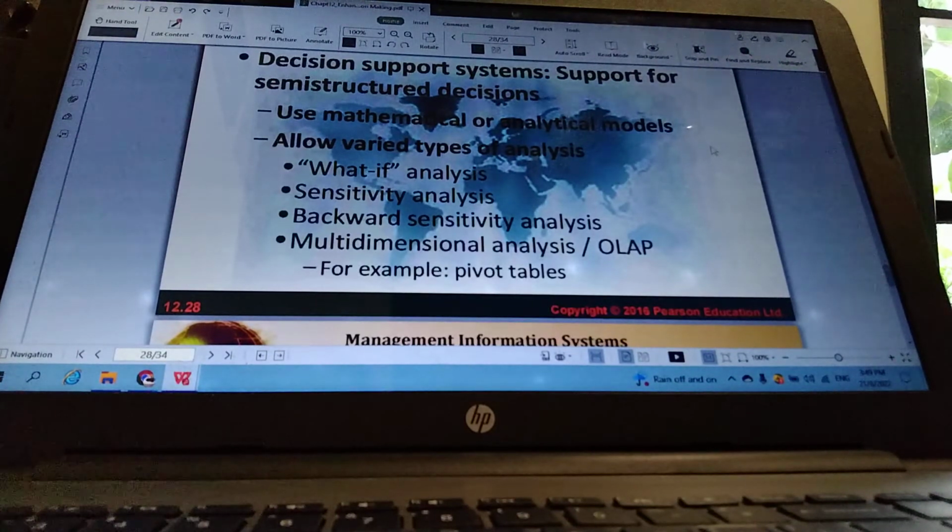Some features of the decision support system: basically any DSS, or decision support system, uses a mathematical or analytical model built in for processing purposes, and it also has other features such as what-if analysis, sensitivity analysis, backward sensitivity analysis, multi-dimensional analysis, online analysis, and many more features.